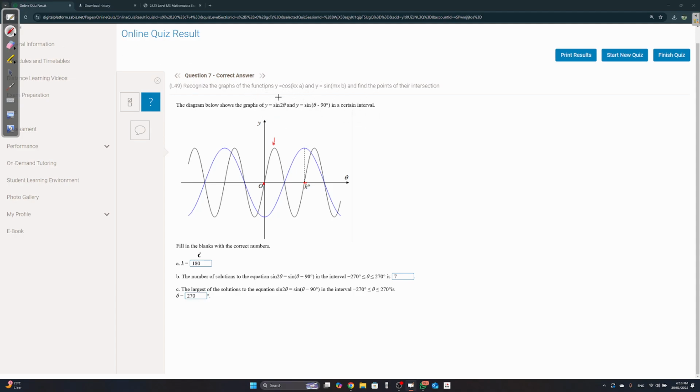This one doesn't have any transformation, so this is the one that passes through the origin. So sine 2 theta at this point equals 0. When does it equal 0? You can either say at 180, or you can just say one complete rotation, okay.